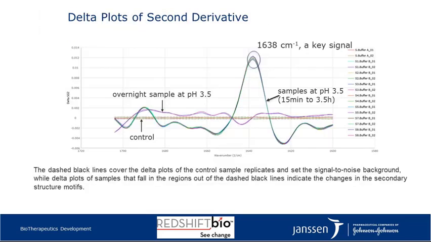This is another step in the analysis of data, and the delta plots here are a subtraction of the control from all the other spectra, and you can designate which sample you want to subtract from everything as the baseline sample.